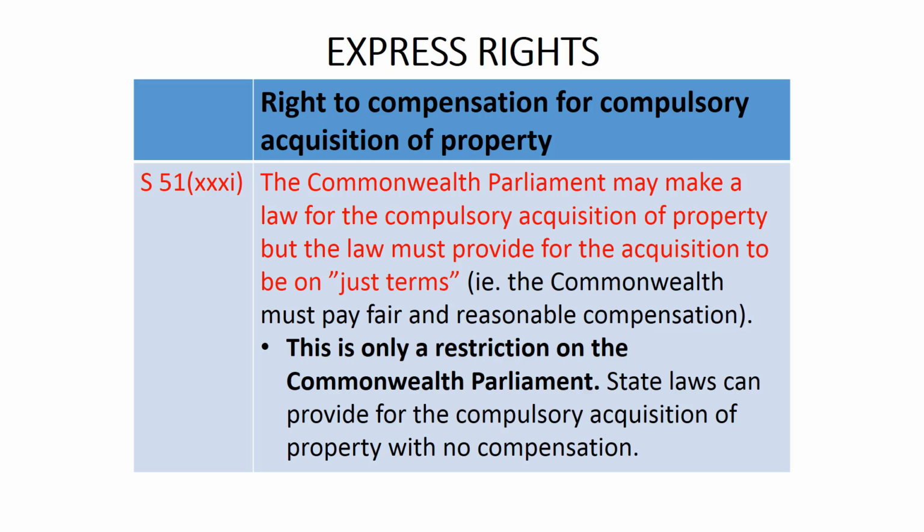As a matter of practice, of course, the state government does pay fair and reasonable compensation where it compulsorily acquires people's property. But the fact remains that under our Australian Constitution, there is no requirement that the state has to pay fair and reasonable compensation where it acquires someone's property compulsorily.